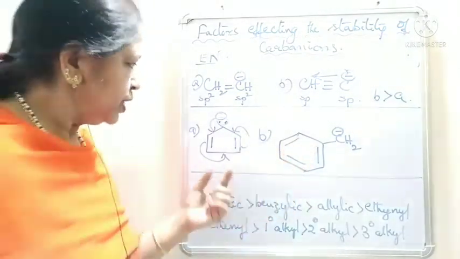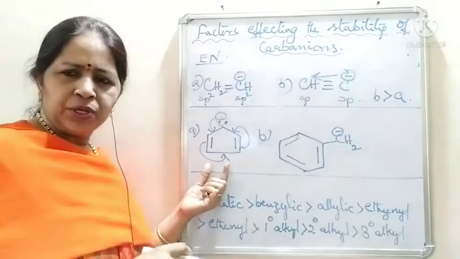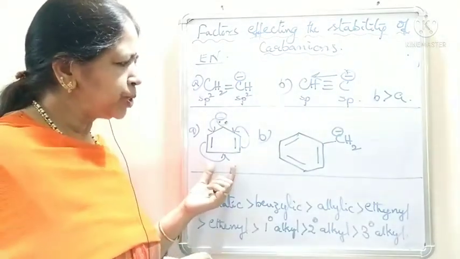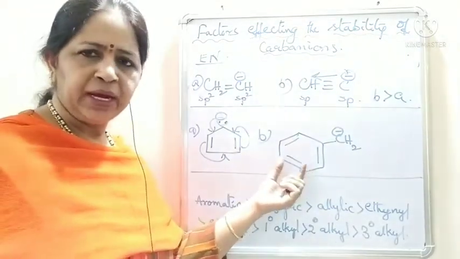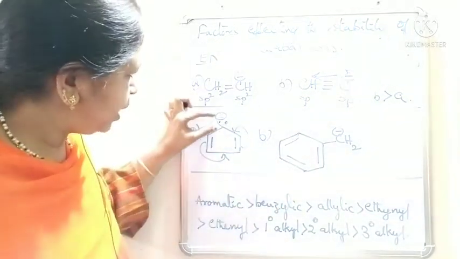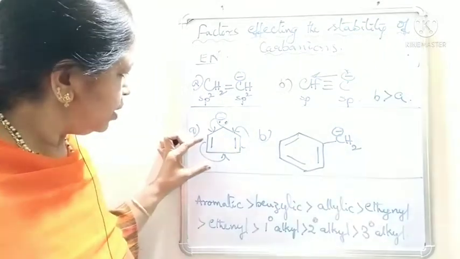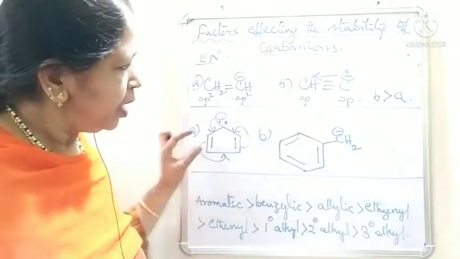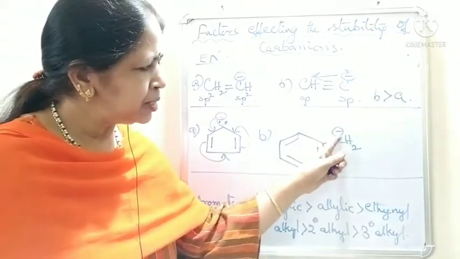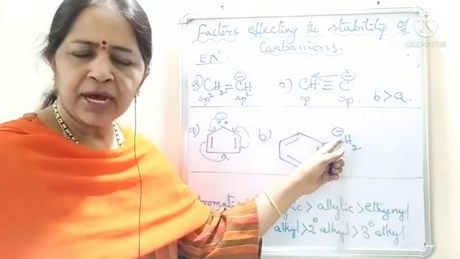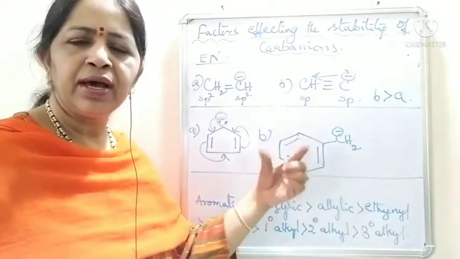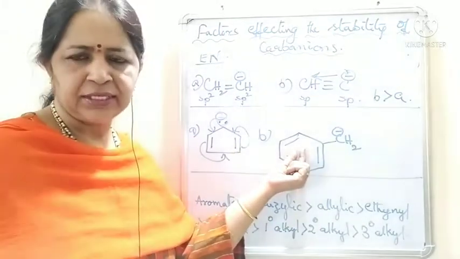So, A is more stable than B because this lone pair is responsible for the aromatic nature of the structure A. And here the negative charge on this carbon is not responsible for the aromatic nature of the structure.